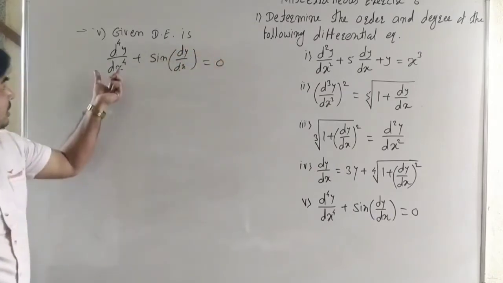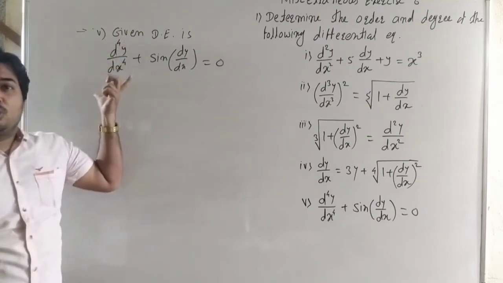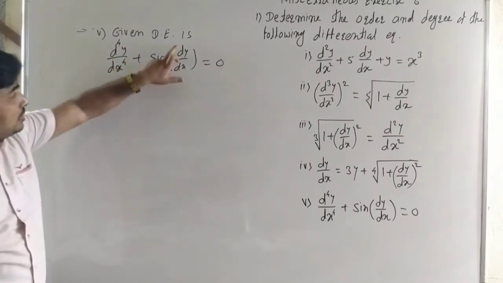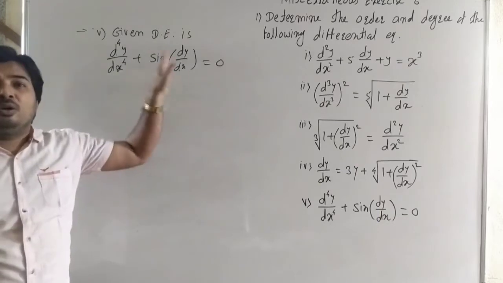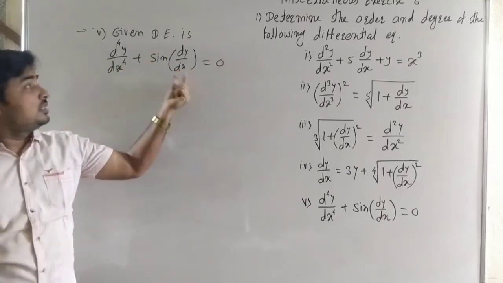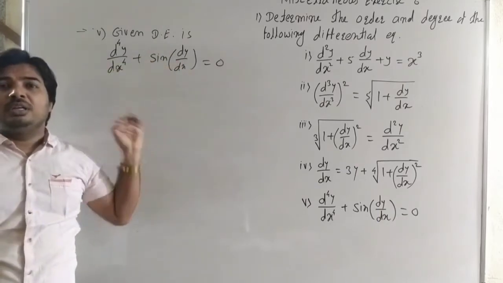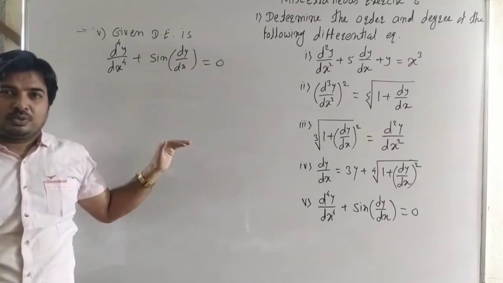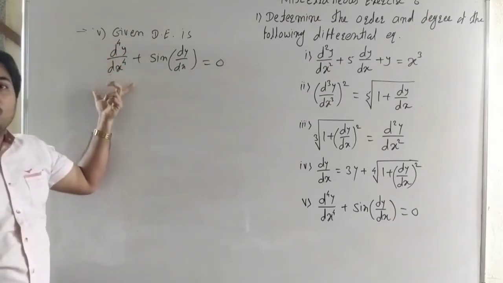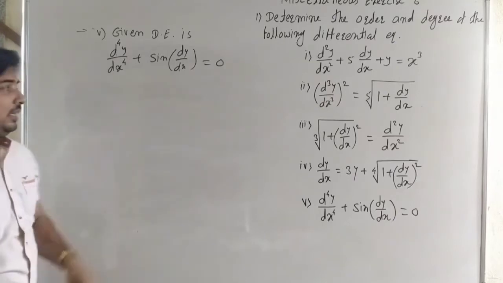Now here the order of the differential equation is 4, but the differential coefficient, that means the derivative, is in the angle of the sine, so it is not a polynomial in the differential coefficients. So the order is 4, but the degree cannot be determined.